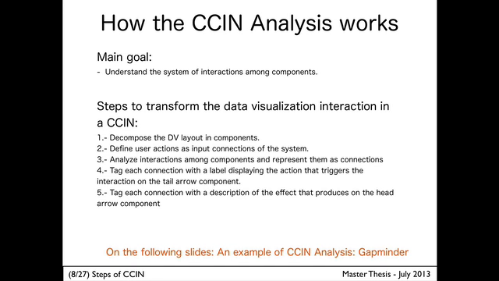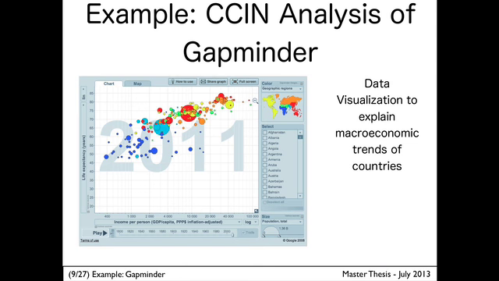From this system emerges the human data visualization interactivity. To extract the component-to-component interaction, it's needed to follow the 5 steps presented on the slide. An example of this process is the very brief component-to-component interaction network analysis of Gapminder in the following slides.